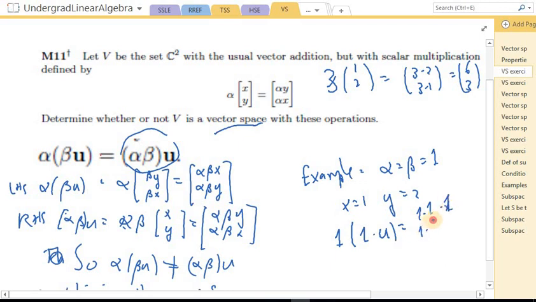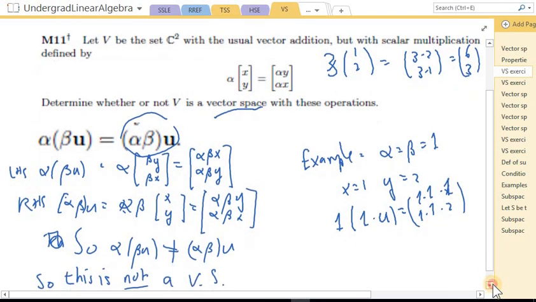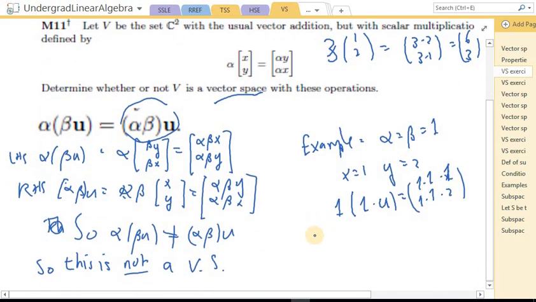On the other hand, if we do 1 times u, that's going to be equal to 1 times 2, and 1 times 1. So those are not equal to each other. Okay. It's always good to come up with a specific example that shows that you have a counterexample. So this is acceptable. I would say that this is a little bit better.